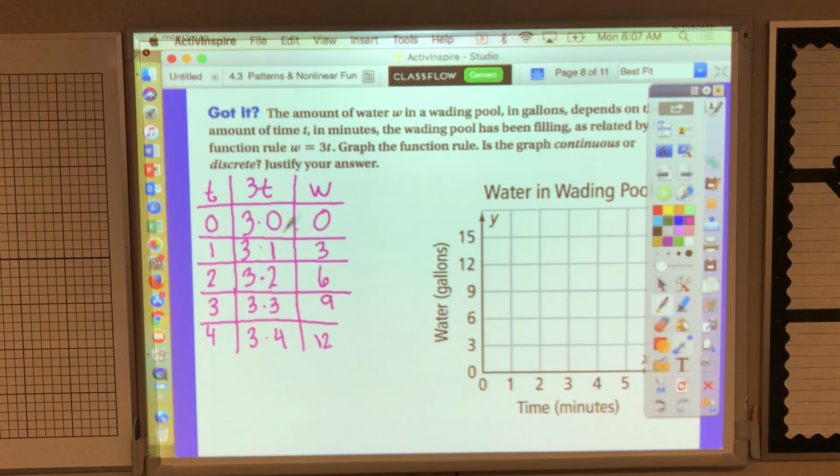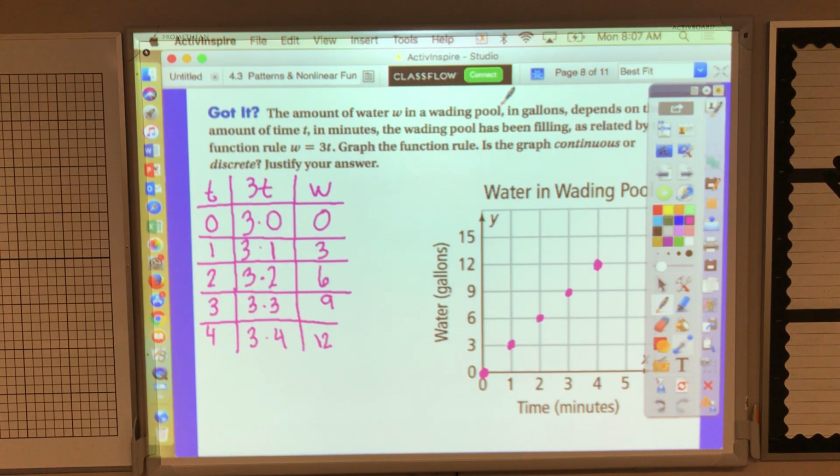So I have my points. First one, 0, 0. Notice their word problem graph is labeled on the x and the y, and has a title. At 1, I'm at 3. At 2, I'm at 6. At 3, I'm at 9. And at 4, I'm at 12. Now they didn't tell me anything about the maximum amount of water.